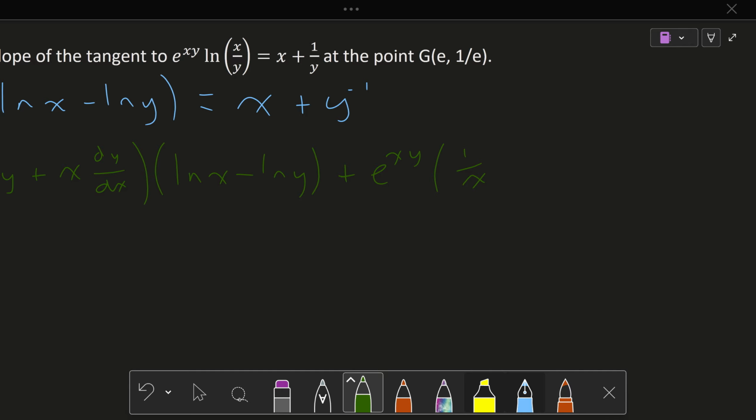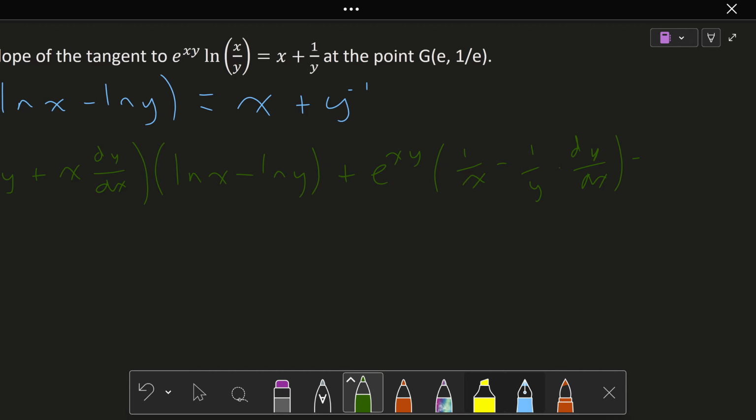So now I'm going to put down my minus sign. And now for the derivative of ln y, remember, I read it as 1 over the function, but then I times that by the derivative of what I'm taking the ln of. So the first one I did 1 over x times 1 because the derivative of x is 1. This time I'm doing 1 over y times the derivative of y, which is dy/dx.